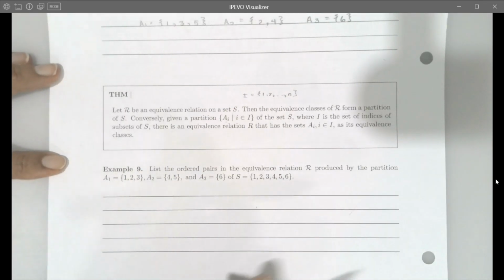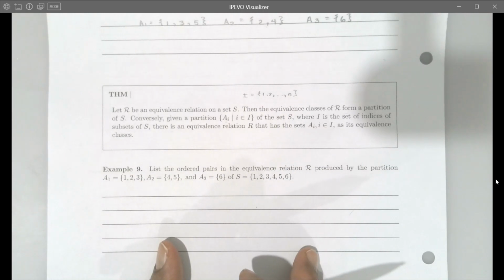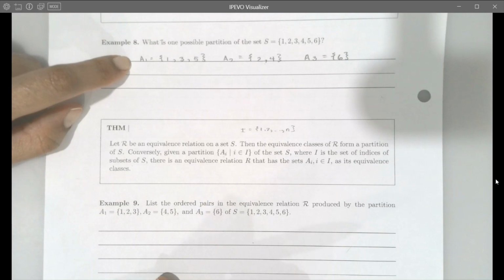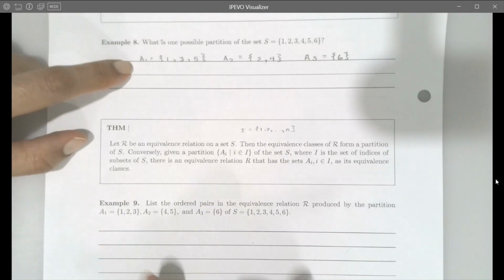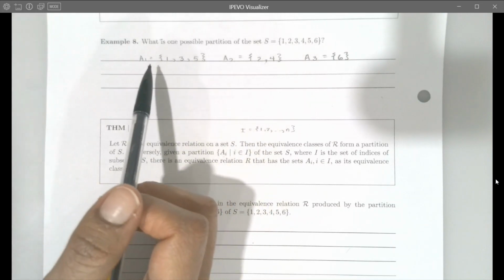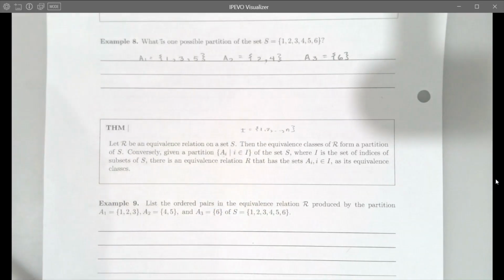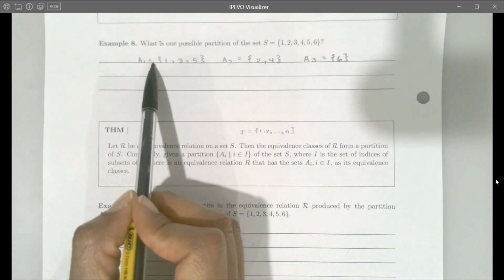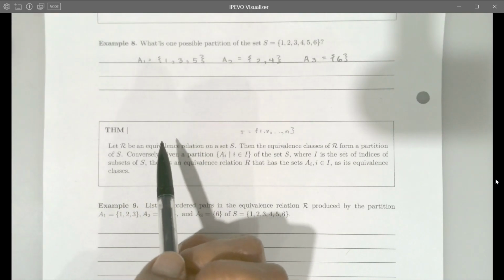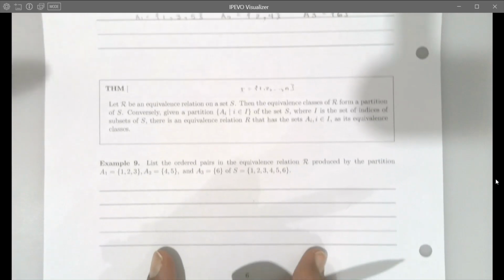Okay, so what this is saying is that, for instance, here we came up with a partition of S. What the theorem is saying is that we can use these subsets to form an equivalence relation, because these individually are the equivalence classes of an equivalence relation.